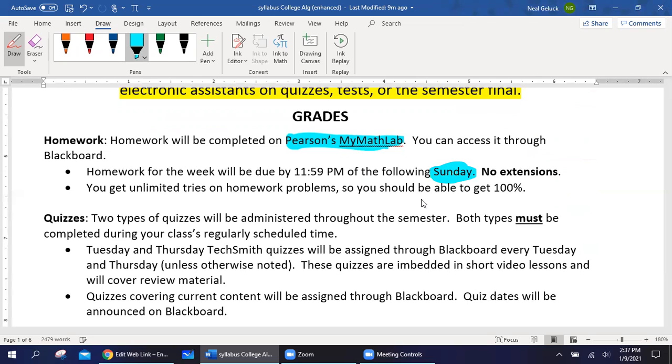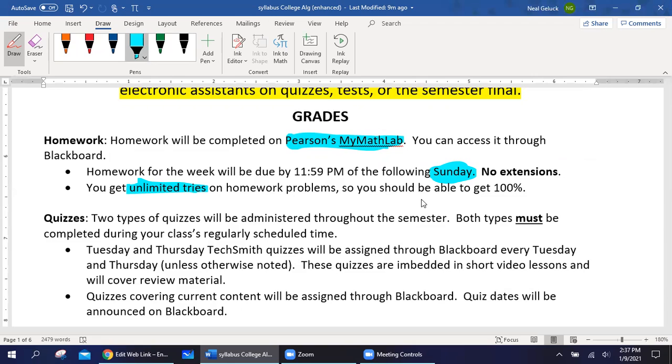There'll be no extensions. You do, however, get unlimited tries on the homework. So if you get a problem wrong, you can just retry it. They'll throw in different numbers. There's options to have the computer system help you solve it. You can email me questions. There's several options. We also have a TA that can help you with homework.